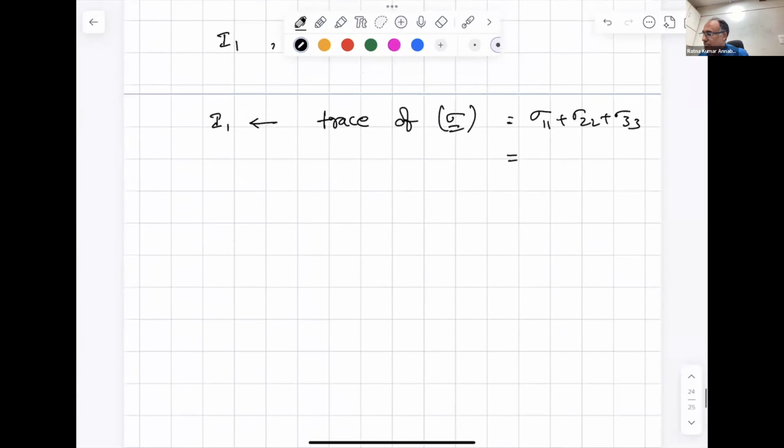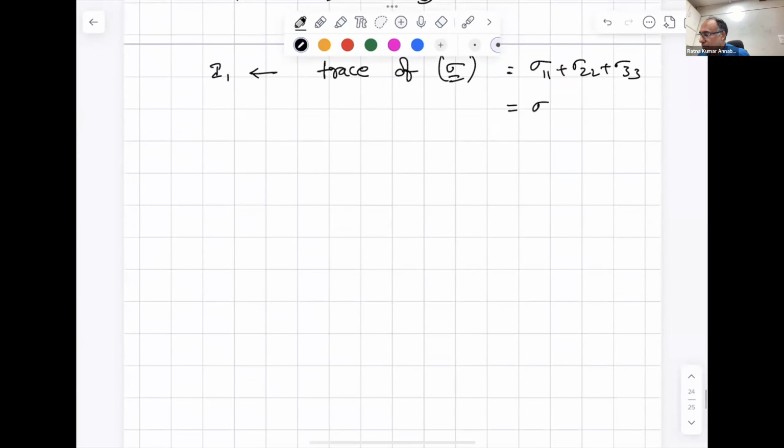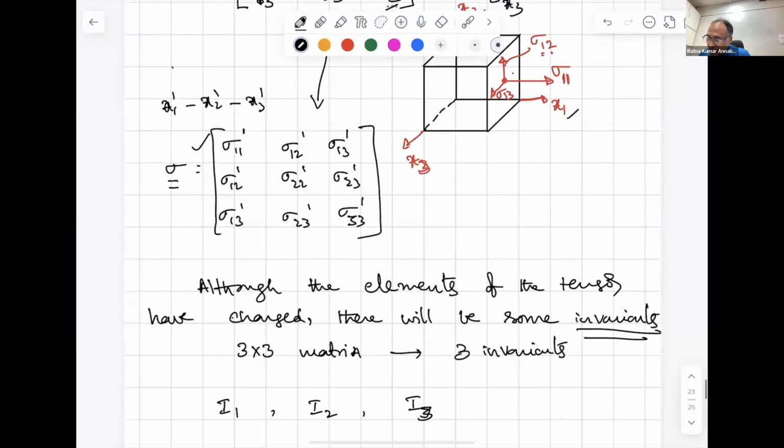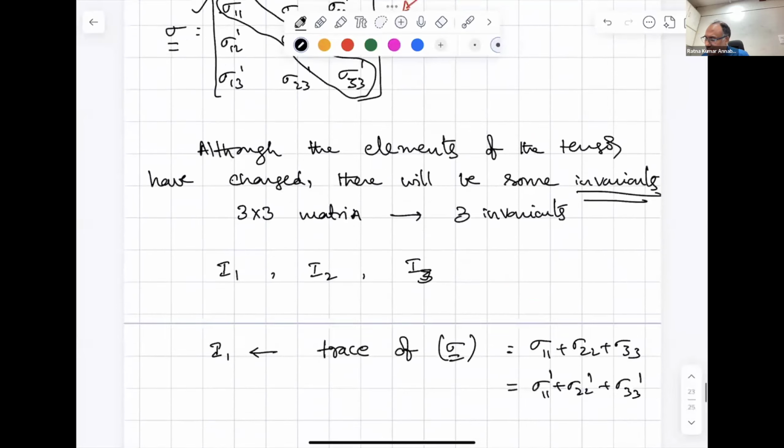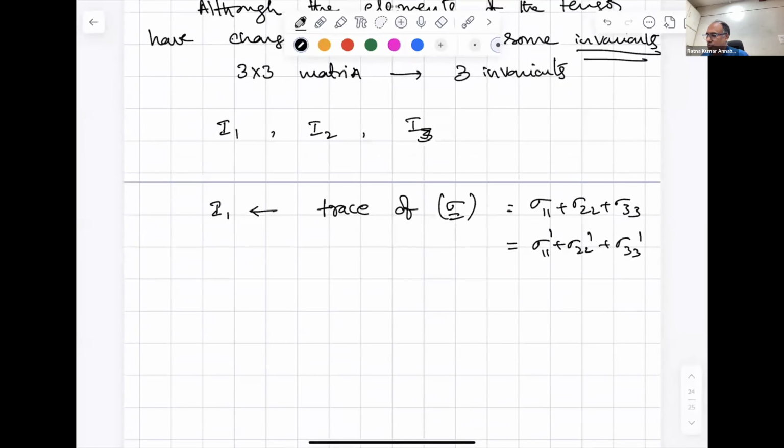That means this must be equal to sigma 1, 1 dash plus sigma 2, 2 dash plus sigma 3, 3 dash. Because the trace of this matrix is the sum of these 3 elements, and the trace of the other is the sum of these 3 elements. That remains unchanged. Okay.